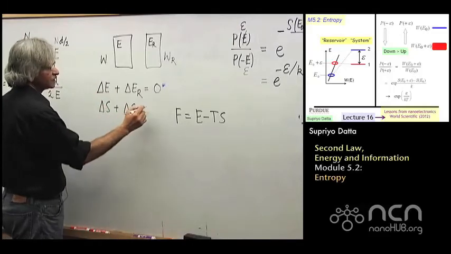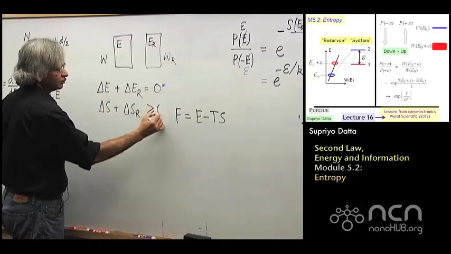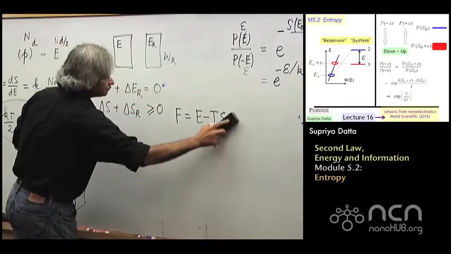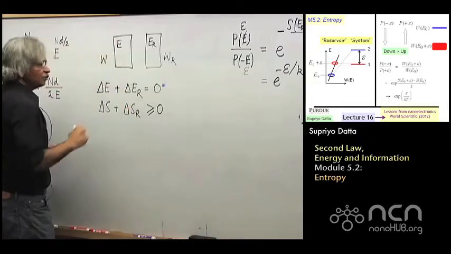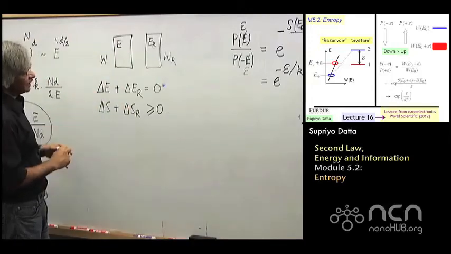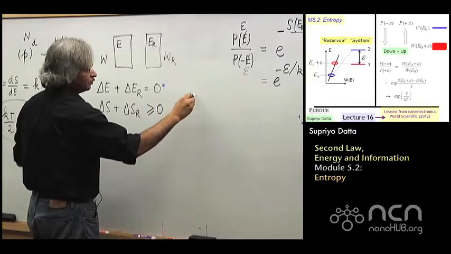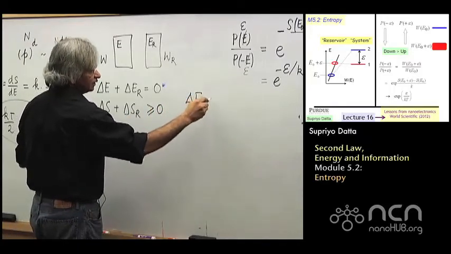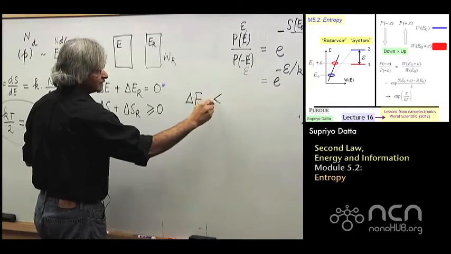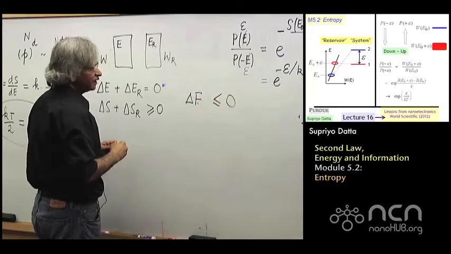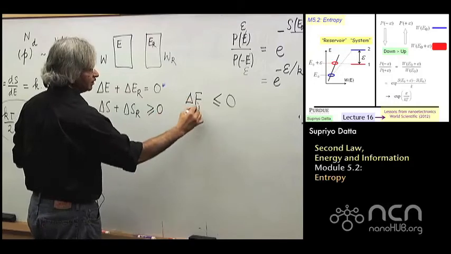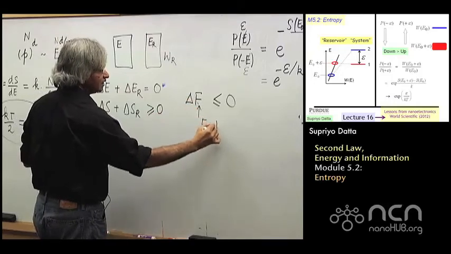And so this always has to be greater than or equal to 0. And between these two, what you can show is that the change in the free energy will always be less than or equal to 0, which means free energy will always be minimized, the free energy being E minus TS.